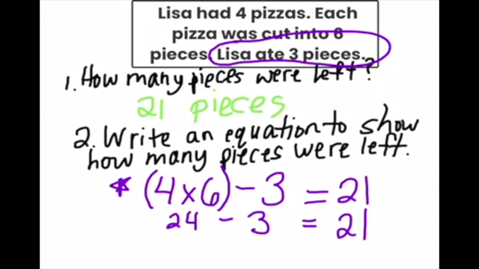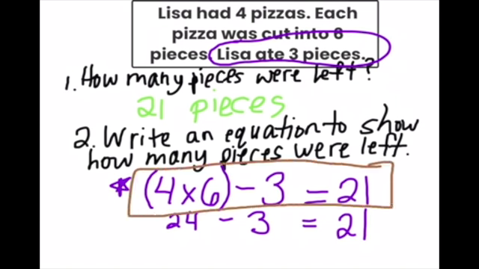I would put 4 times 6 in parentheses, and then I would know, oh, 4 times 6 was 24, and then I have to do 24 minus 3. That minus 3 needs to be last, and we know that we would get 21. So for our final equation, this would be our answer. 4 times 6 minus 3 equals 21. And of course, 24 is 4 times 6, so 24 minus 3 is 21.